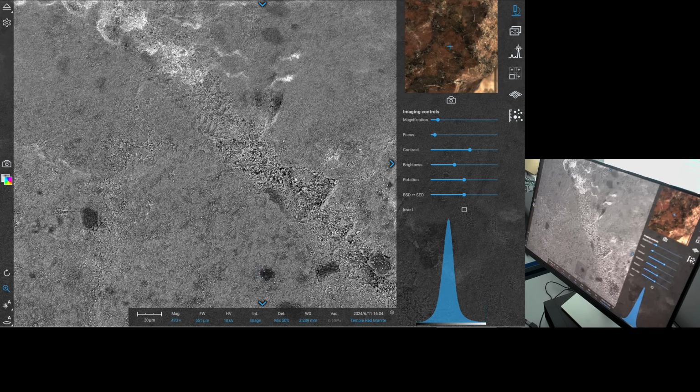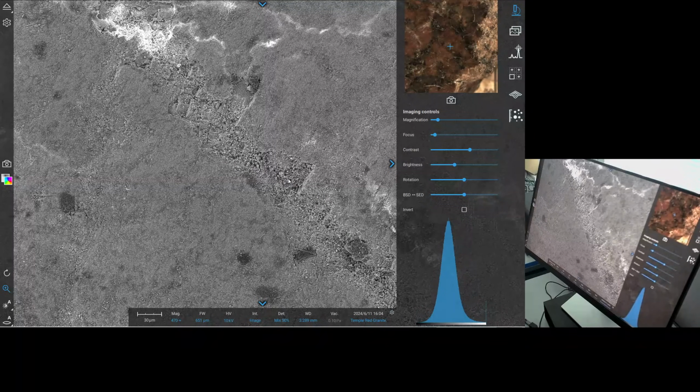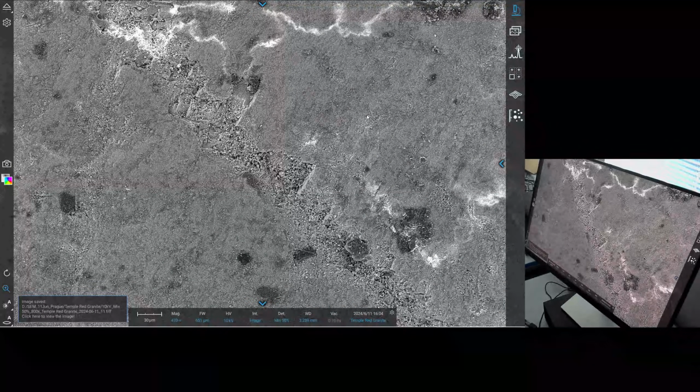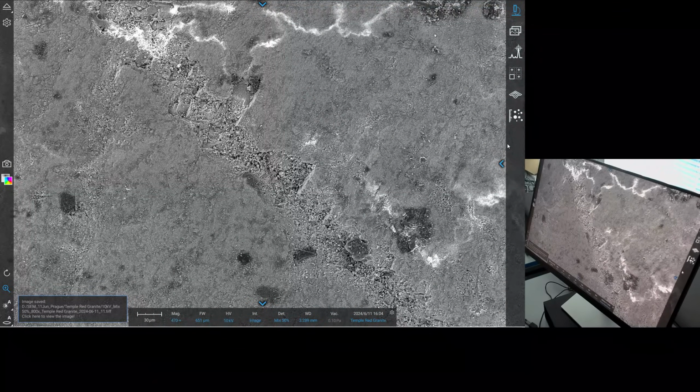I'm going to go in just a little bit more here. Almost looks like there's some buffing going on here. Hopefully that won't be so white when I look at the image.